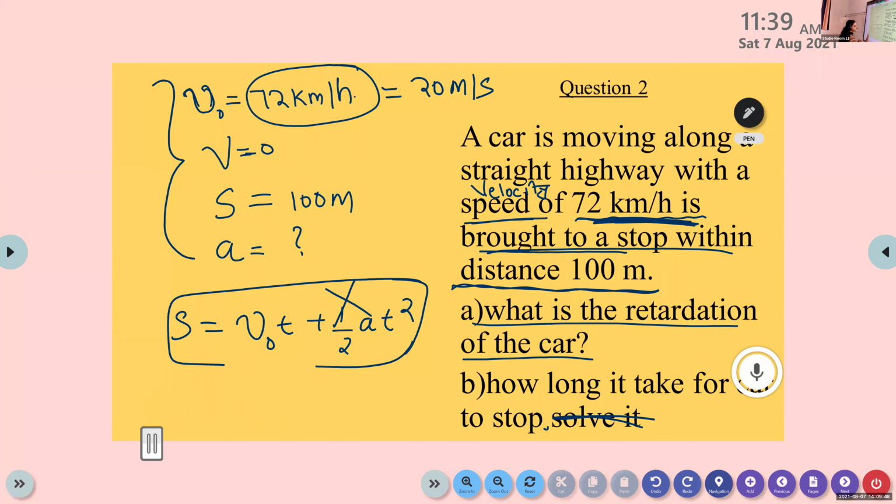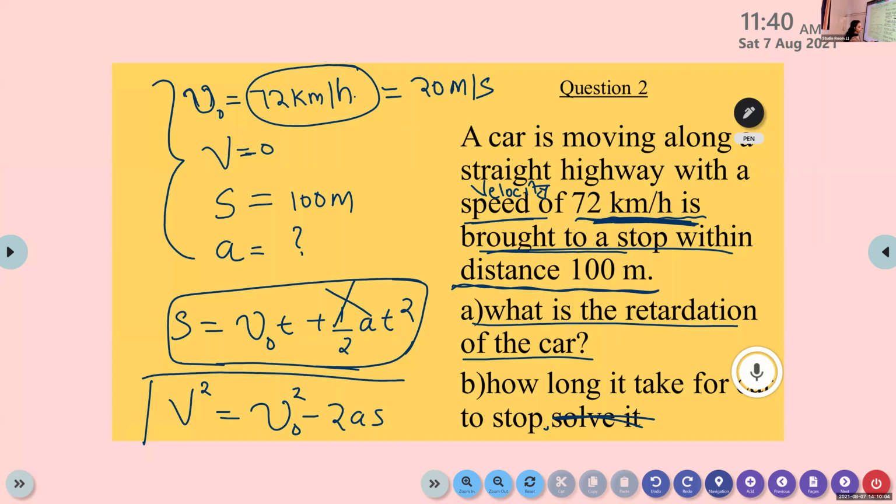Not minus, v square is equal to v0 square plus 2as. This is our third equation. We have the second equation of motion and the third equation of motion. But here we cannot use the second equation because the time is not provided.